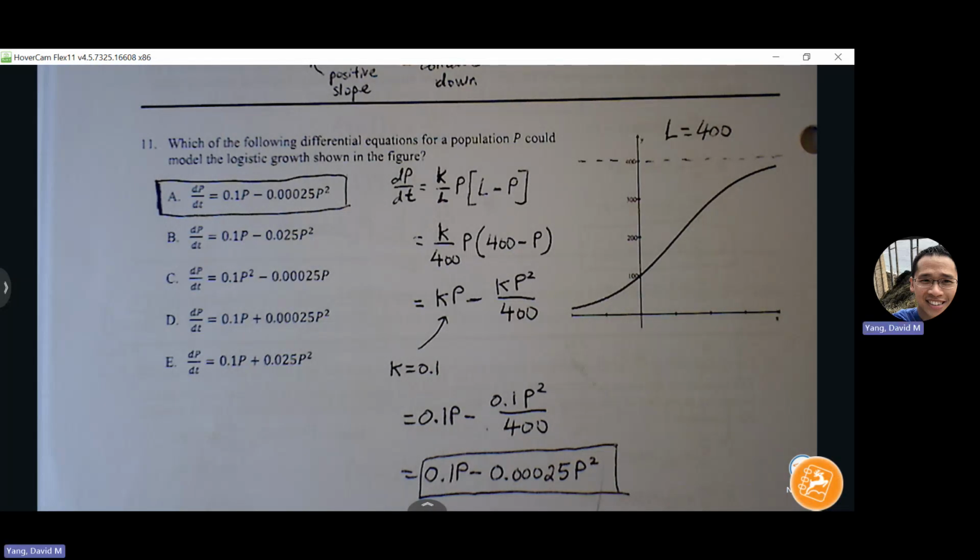Start here, replace K with a 1, and then once we get into this form here, it's really just figuring out which one of these to choose. And 0.1 divided by 400 is 0.00025. So it's going to be answer choice A.